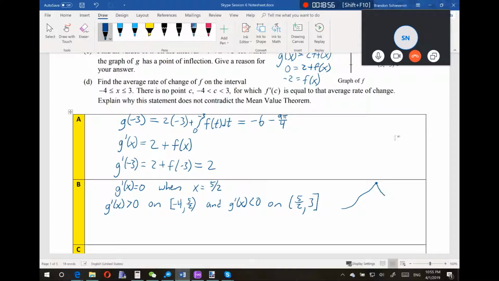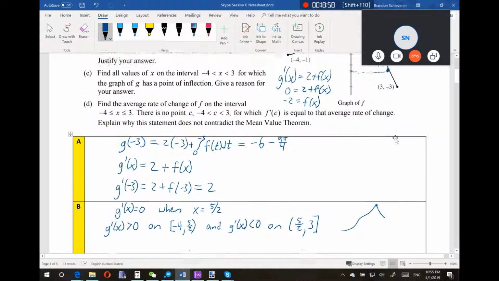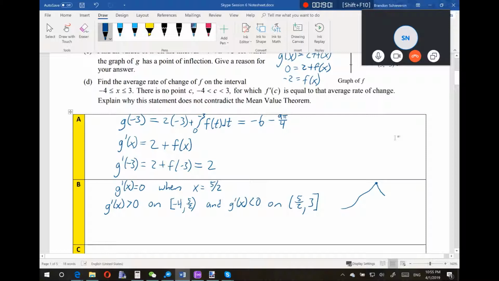Is it the absolute maximum? Yes, it is the absolute maximum because we know that we were increasing from our start point to the relative maximum, and we were decreasing from the relative maximum to the end point.